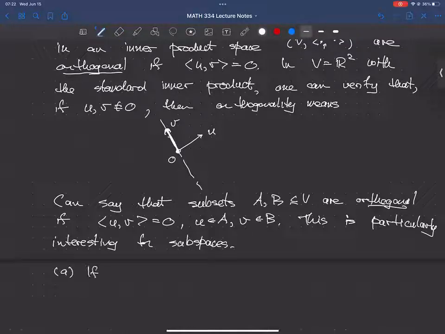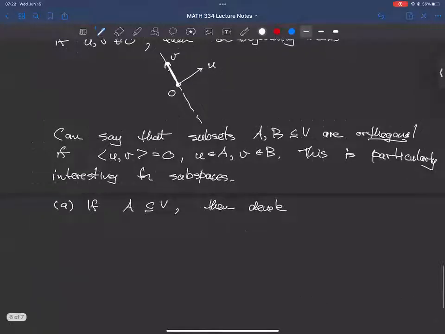So if A is a subset of V, then denote A perp to be the set of V's in V which are orthogonal to every point in A.